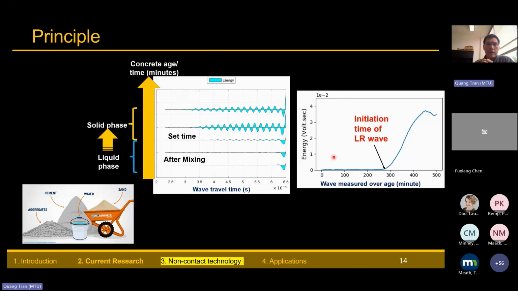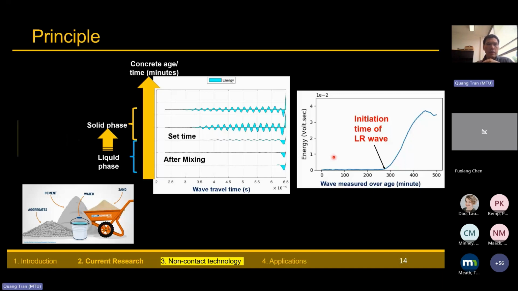So that said, after we mix the concrete materials, most of it is water, and we know that water cannot take shear. So that's why initially the shear does not propagate in the material yet.